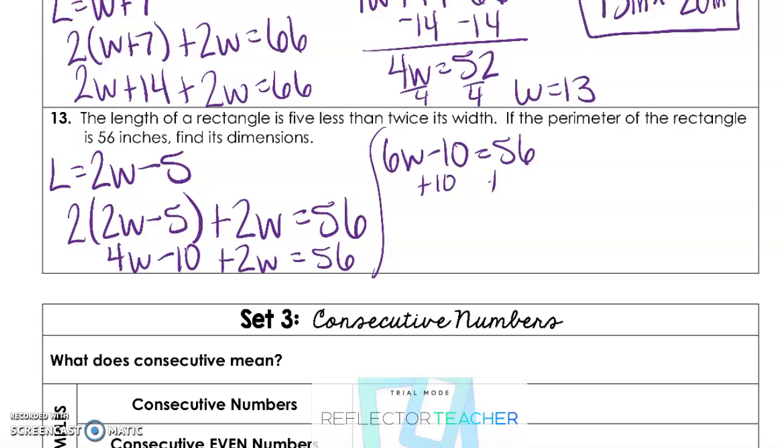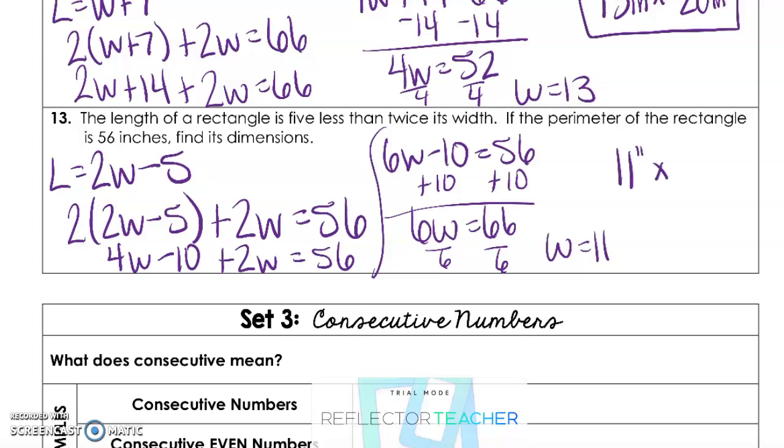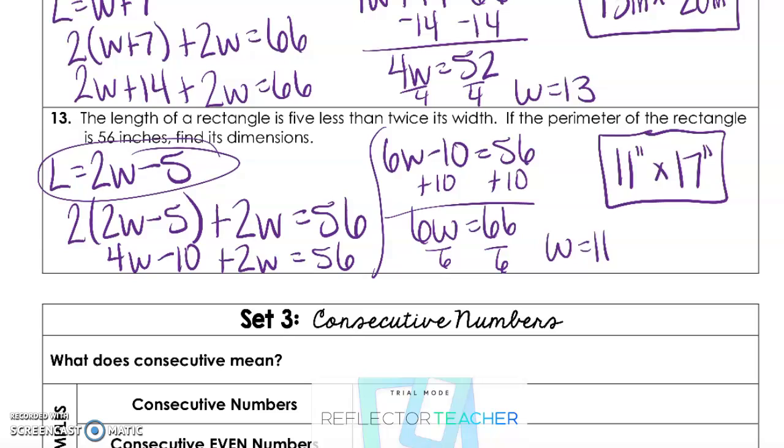Add 10. 6w is equal to 66. Divide, w equals 11. So 11 inches by, we need to plug 11 back into there. 2 times 11 is 22, minus 5 gives us 17. So 11 inches by 17 inches is our final answer.